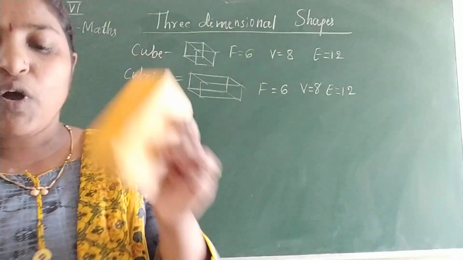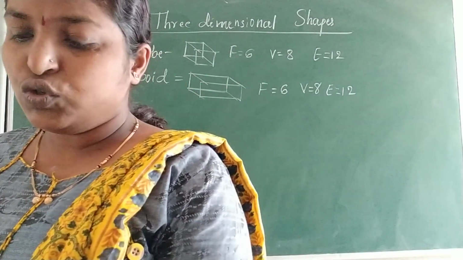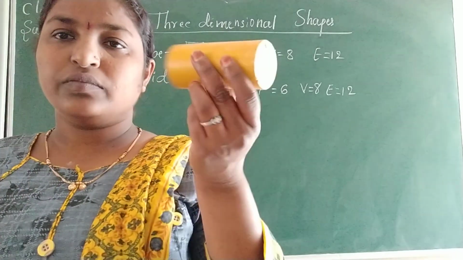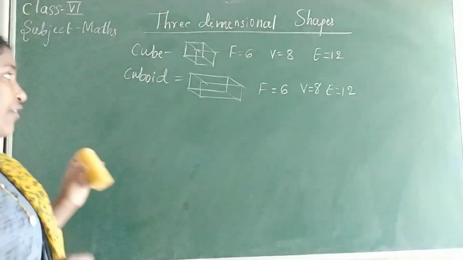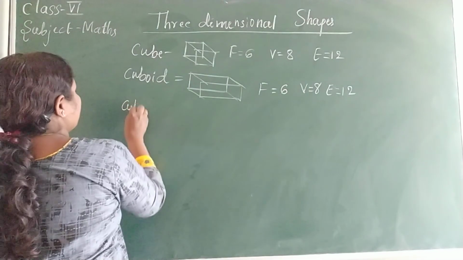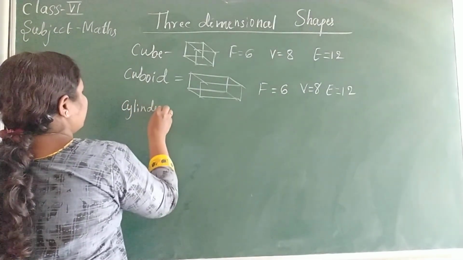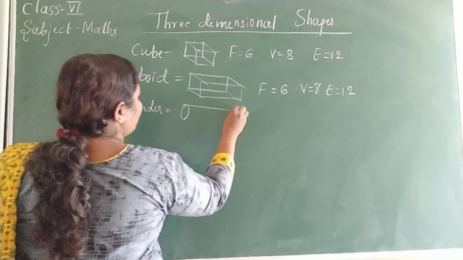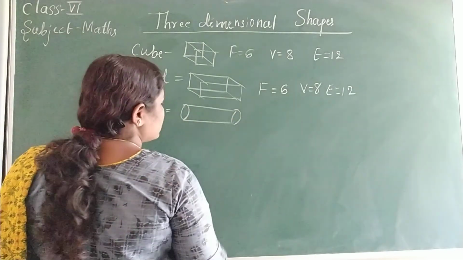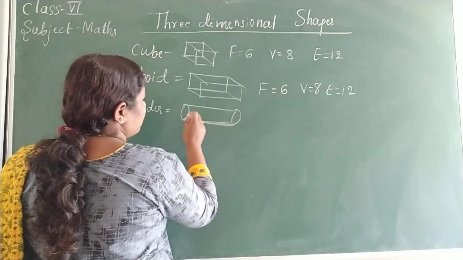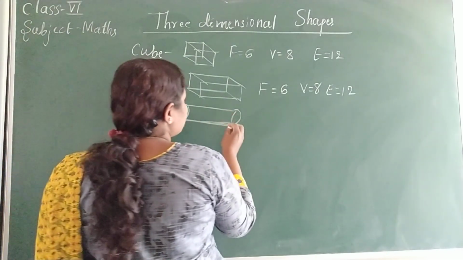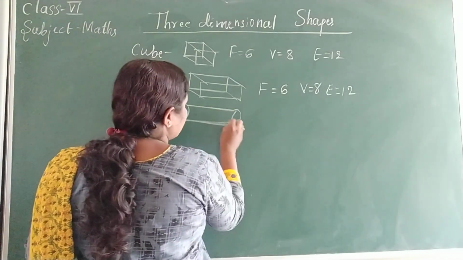This is the cuboid. Then come to the cylinder. The cylinder has two circular bases. These are the 2 circles, and this will be circular.